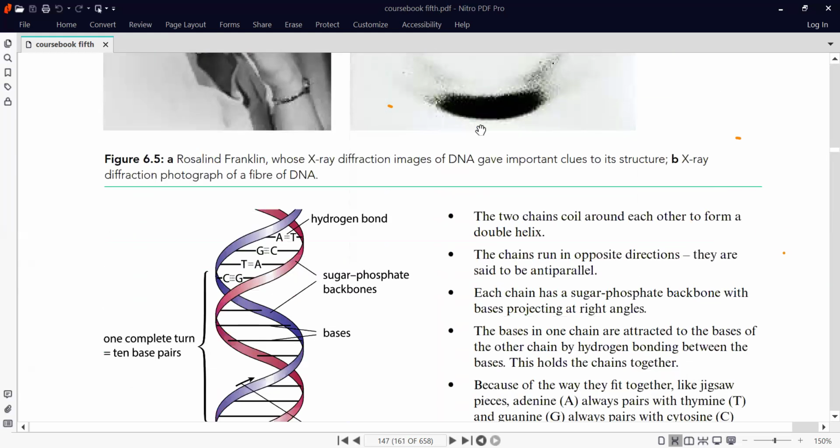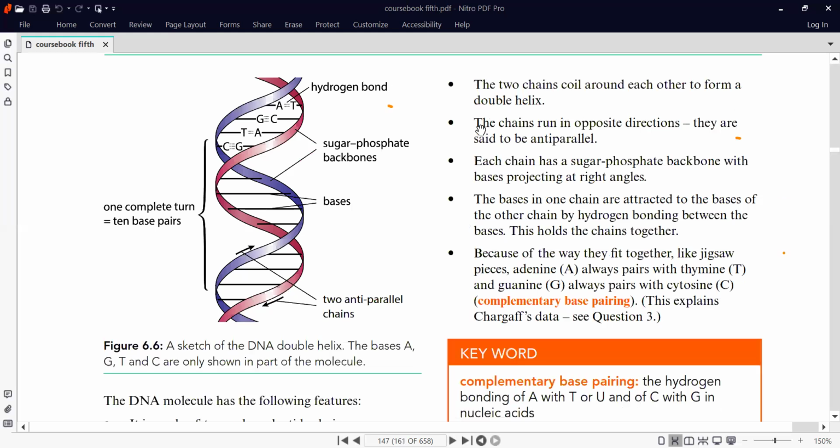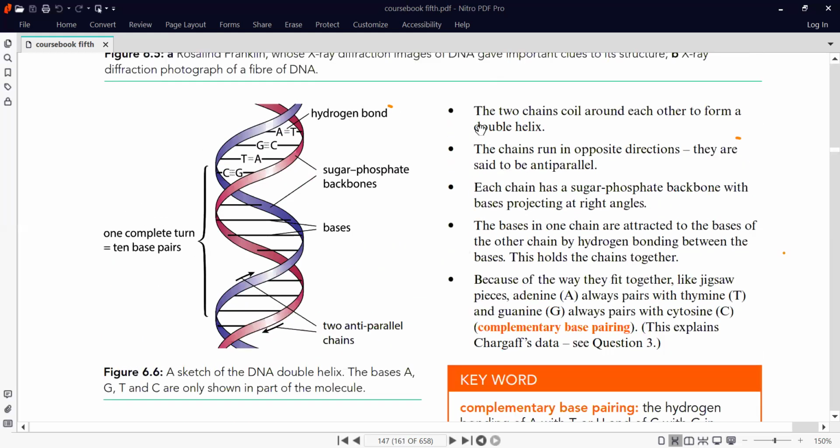When Watson and Crick were doing research on them, what they found about their structure, number one, is that the nitrogen bases are connected with hydrogen bonding, which makes the rungs of this ladder-like structure of the DNA. The nitrogen bases make the rungs of this ladder.